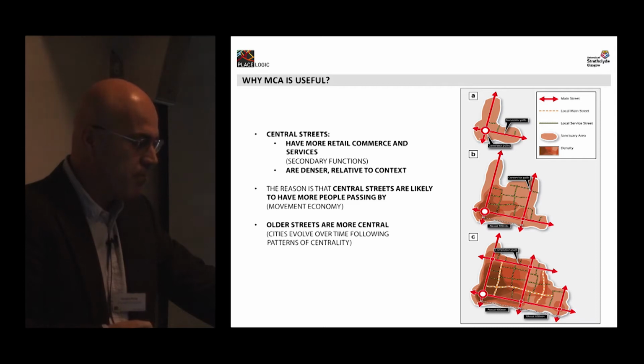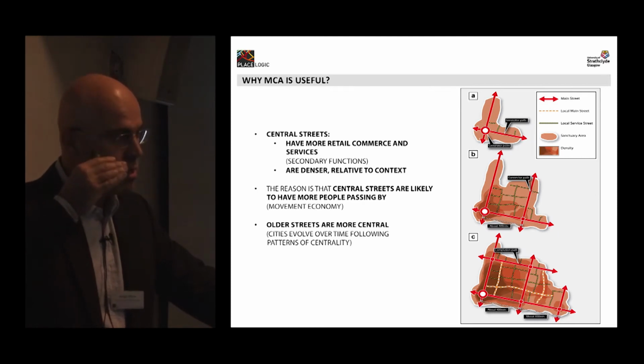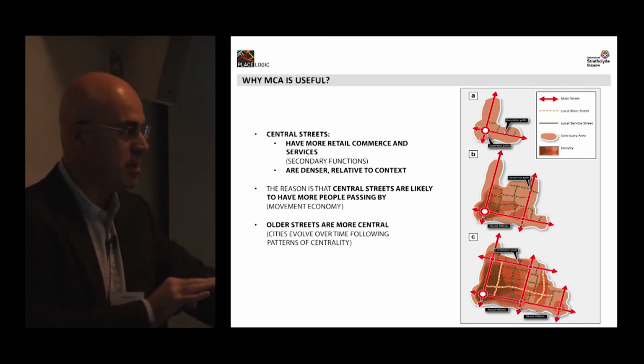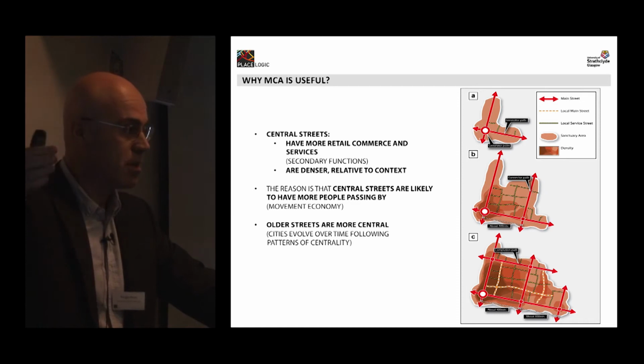Okay, so all the streets are more central, and that's particularly important because it has to do, again, with how cities work in time. They tend to be stable in time. So cities normally start, as you can see in the diagram here on the right of the screen, where the highest centrality is at the regional level. And they tend to develop by putting centralities one on top of the other as they get larger and larger in time.